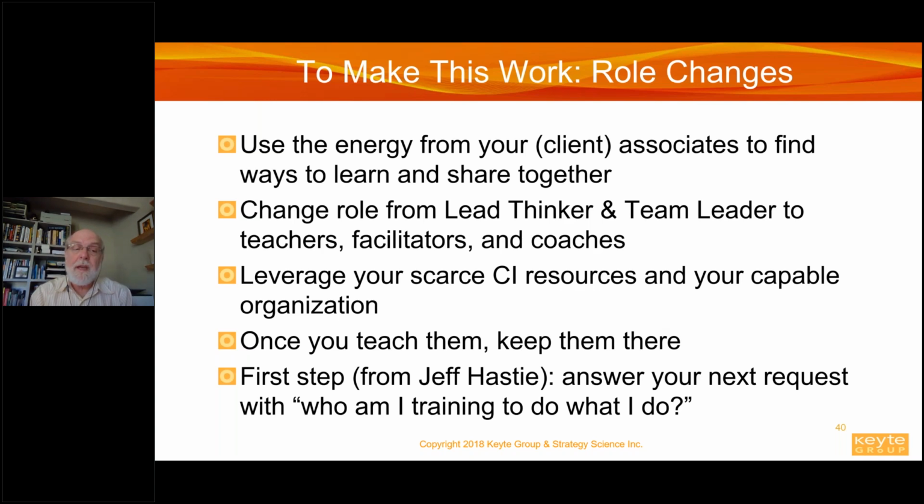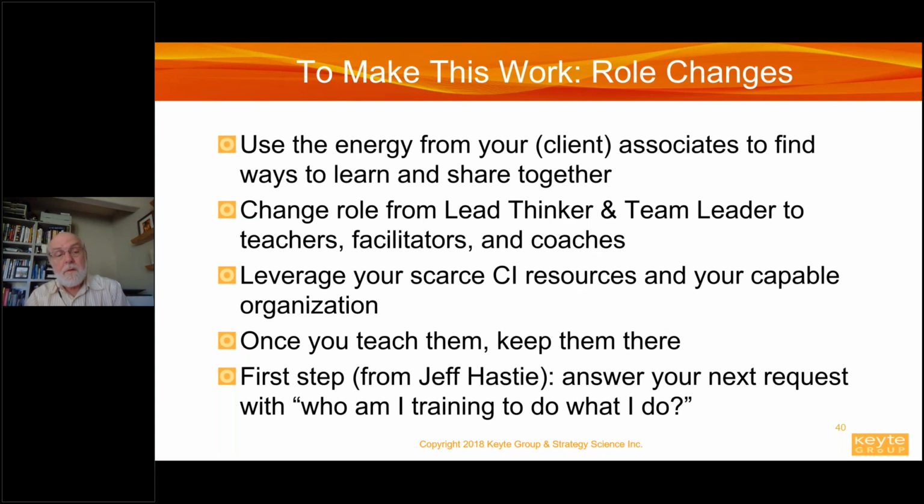The second is a role change specific to you. Most of you could be lead thinker and team leader, and that doesn't have the same place anymore because they're thinking by themselves and they're learning to lead. But what they need help with is teaching, facilitating, and coaching. So you actually elevate yourselves to a higher level consultant by teaching, facilitating, and coaching.